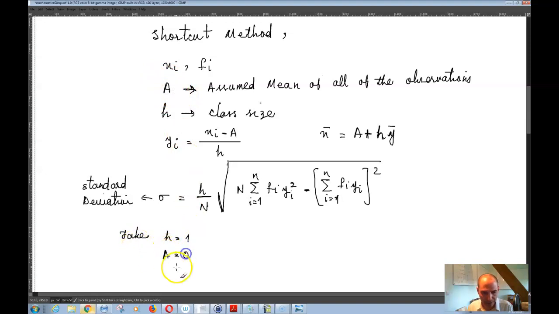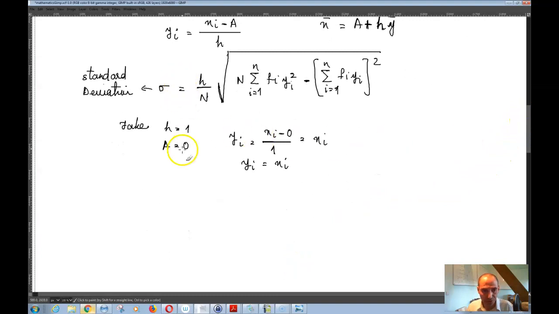Then what happens to your y of I over here becomes x of I minus 0 divided by 1, which is equal to x of I. That means that your y of I becomes x of I. And so based on that, I can write, for example, sigma is equal to h, which is 1, divided by n, times the square root of n times sigma of f of I x of I squared, because y of I is equal to x of I.